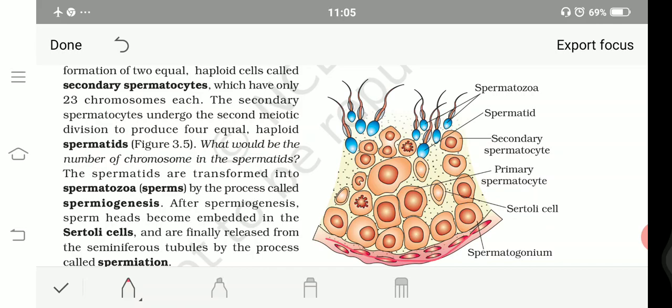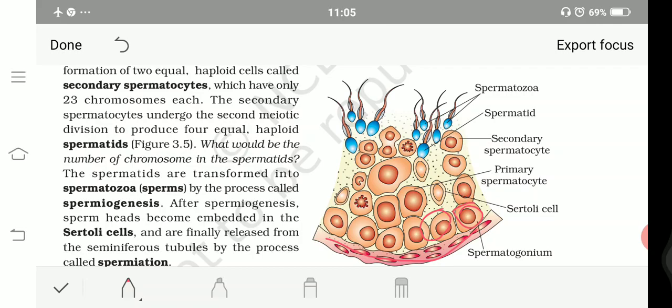It supplies a small amount of nutrients, and also provides protection and covering. The cells present at the basal membrane region are known as primary spermatocytes.